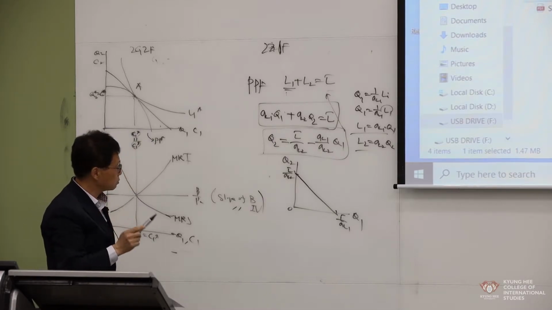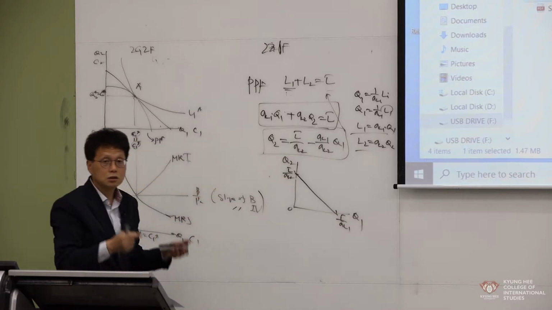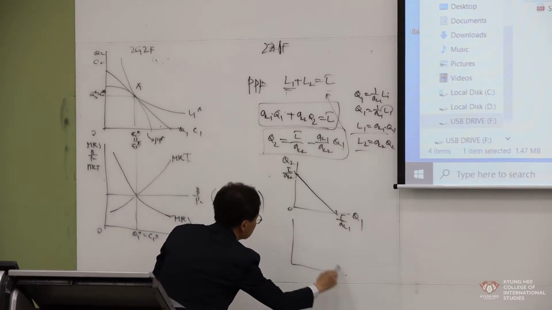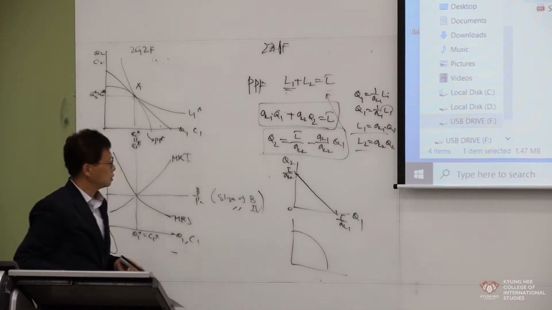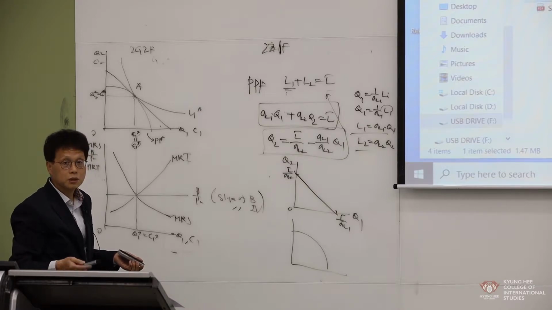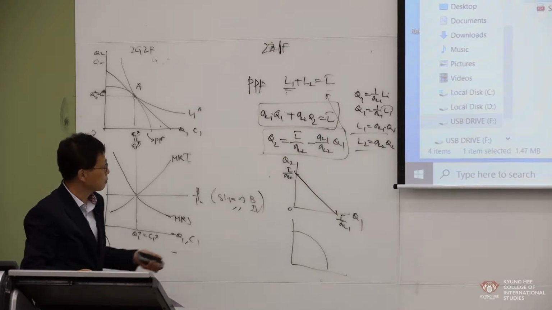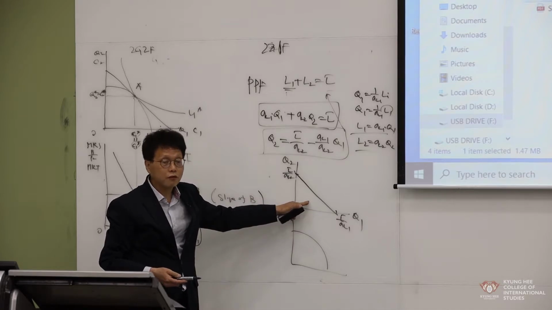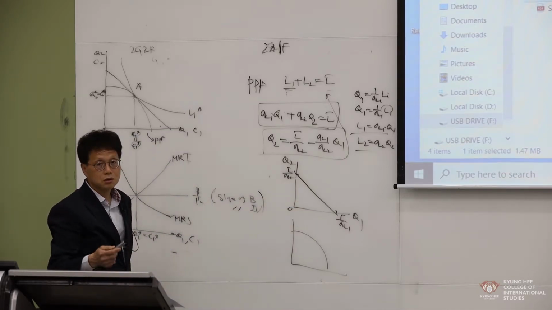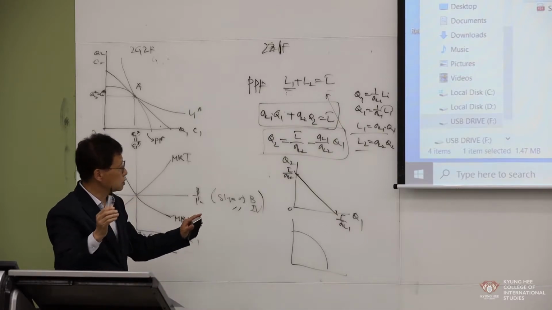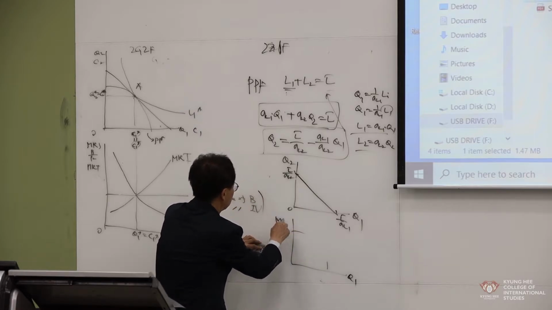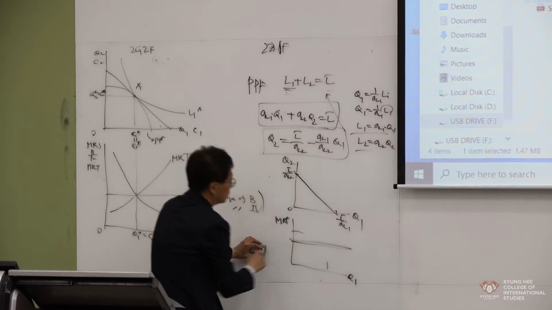In the two-good one-factor case, the production possibility frontier is just a straight line. In the two-factor case, the production possibility frontier is like this, MRT increasing and increasing, a negative increasing slope case, right? But in the two-good one-factor case, MRT is a negative constant slope. MRT is constant, simply talking. So, for example, that is Q1 and MRT is just constant.